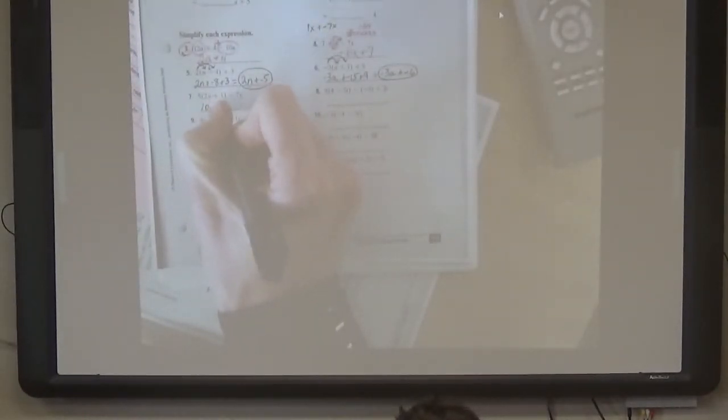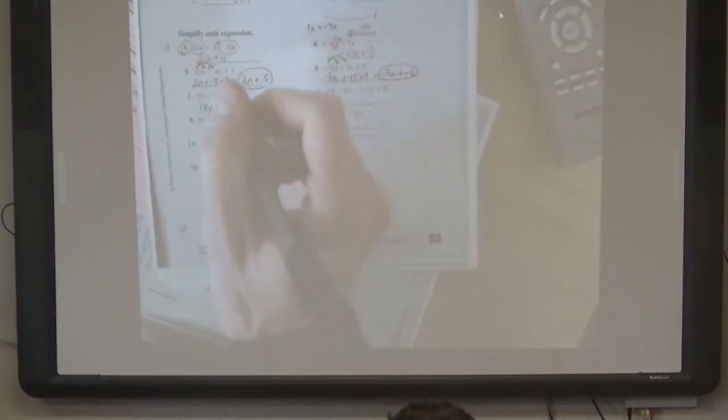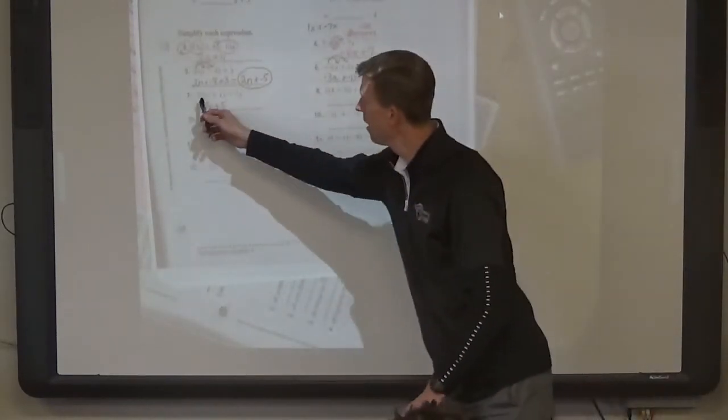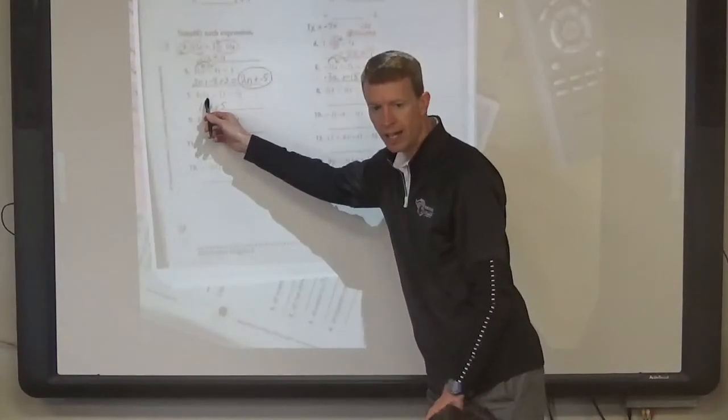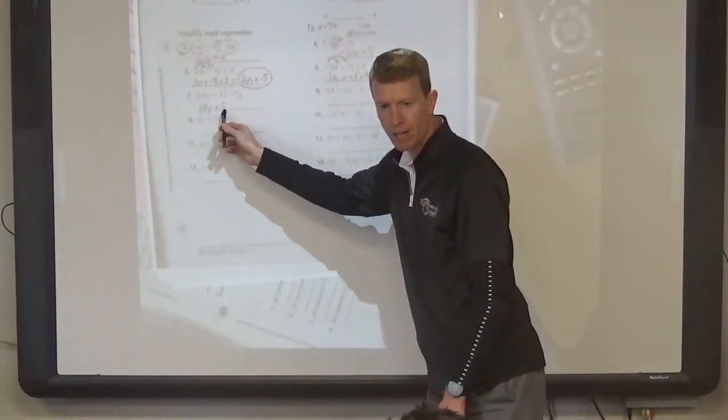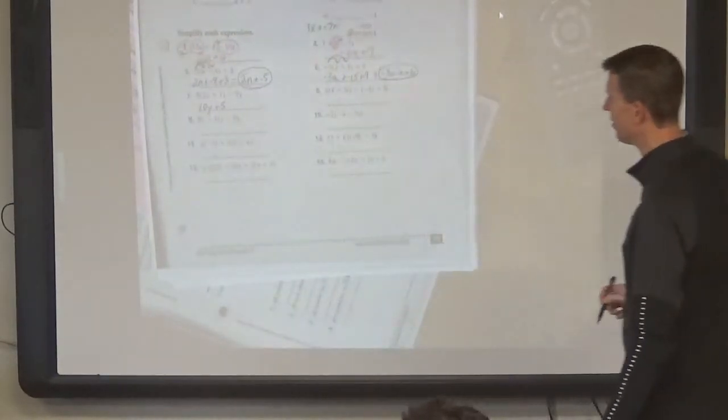Number 7. Multiply over the parentheses. 10y plus 5. Where did the 5 come from, Andreas? Yeah, 5 times 2y is 10y. 5 times 1 is 5.